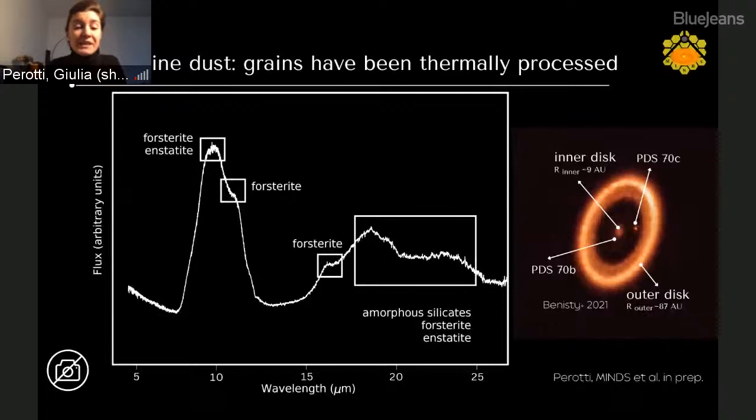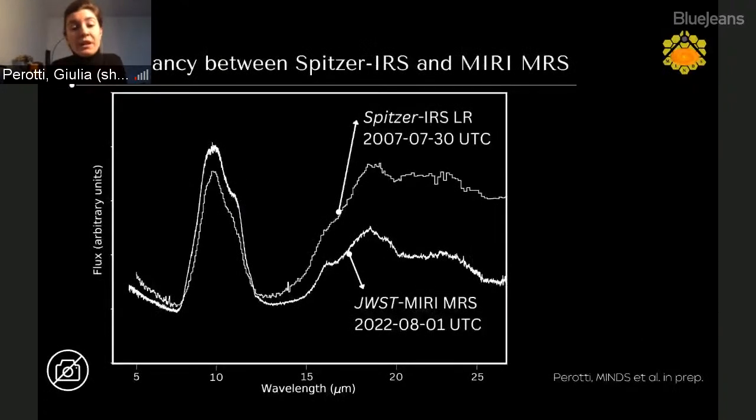Right, if we compare the James Webb MIRI spectrum with a Spitzer low resolution spectrum that was taken about 15 years ago, then we find a really large flux offset along their wavelengths. This discrepancy, about a factor of 1.5, is too large to be attributed to changes in the background thermal emission.